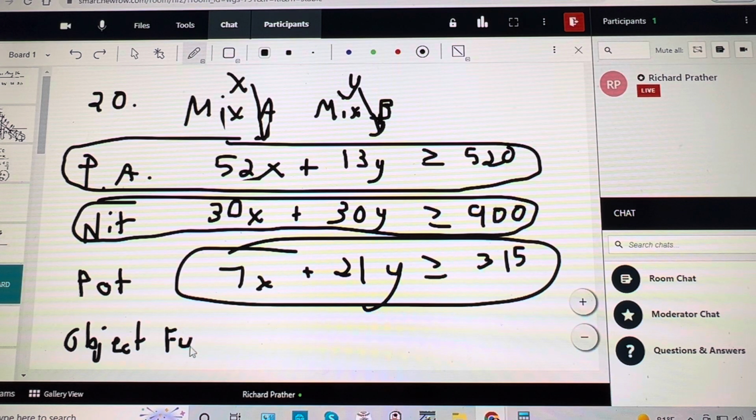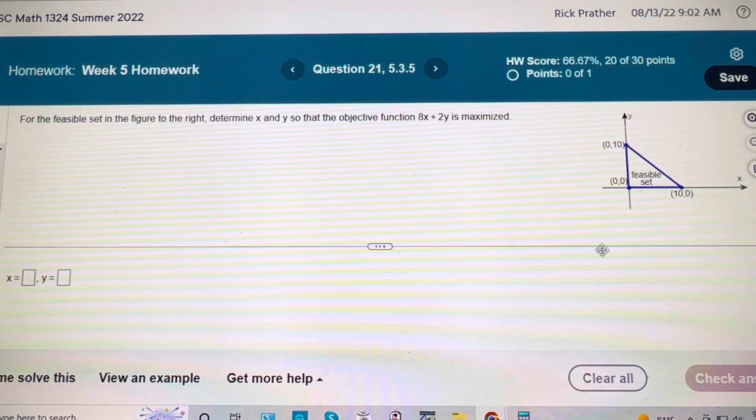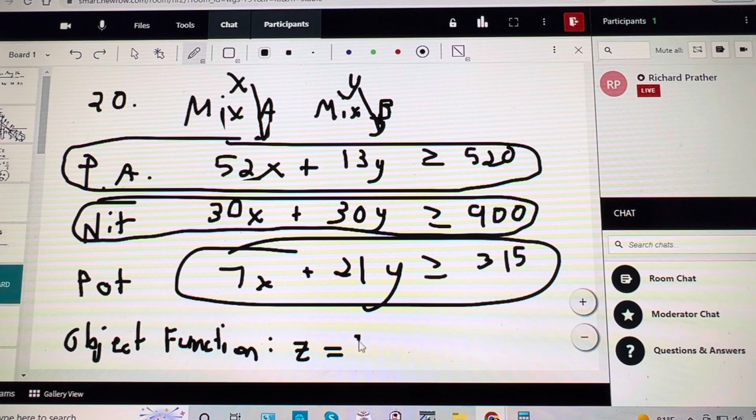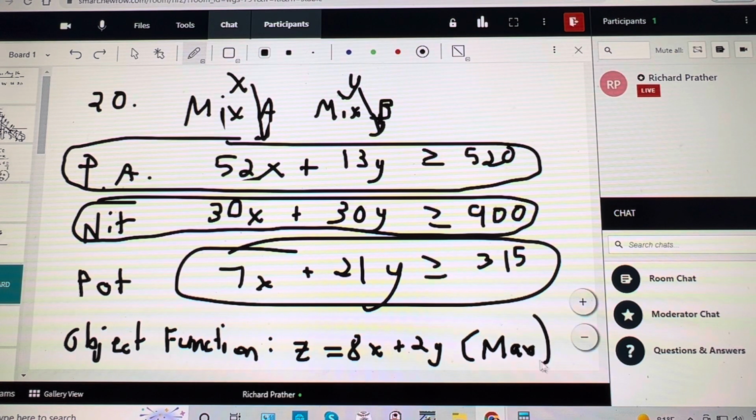And it's usually identical. Either they say it in words like this, or they set it equal to another variable, often z. So if you see z equals something, that's definitely an objective function, 8x plus 2y. And then they have to tell you if they want this maximized, minimized, or both. This one said maximize.